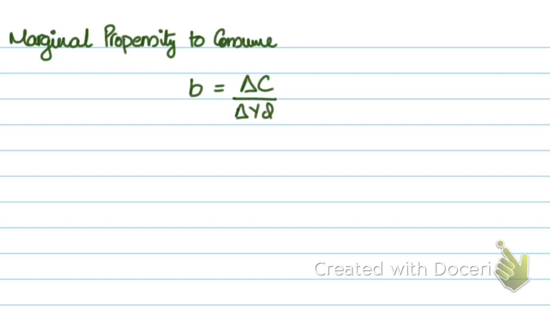But the thing is that a household will not spend all of its income on consumption. They will save some of it, right? So marginal propensity to consume decides how much of the income a household will spend on goods and services. So B is between 0 and 1.